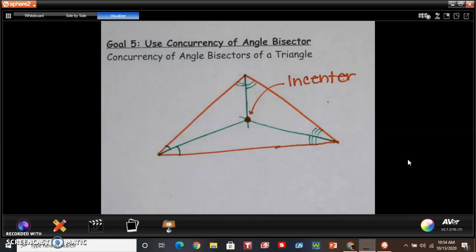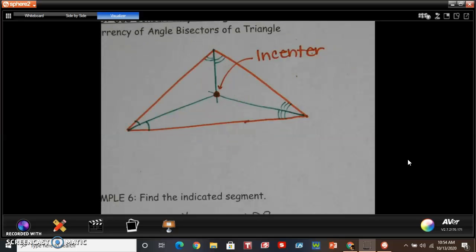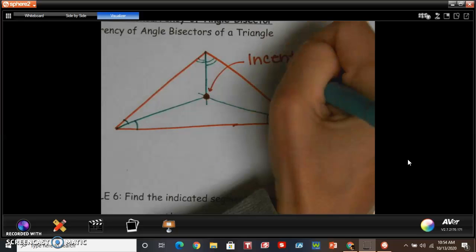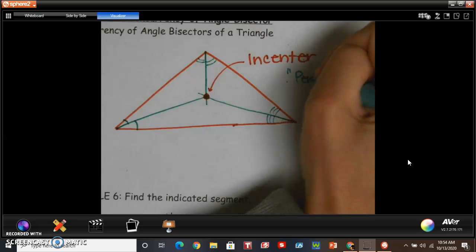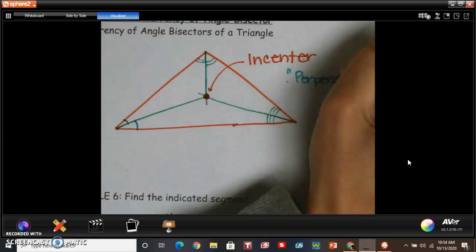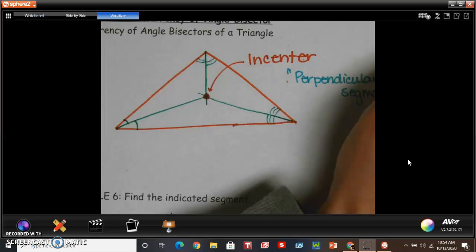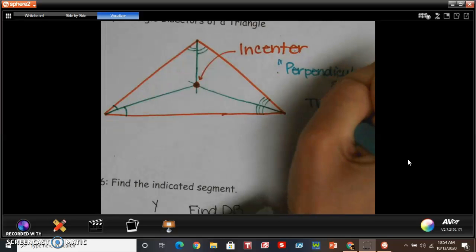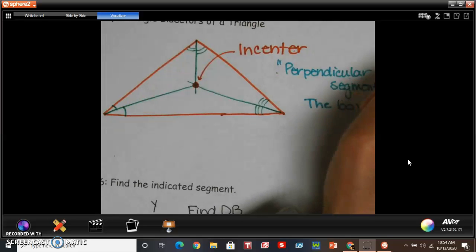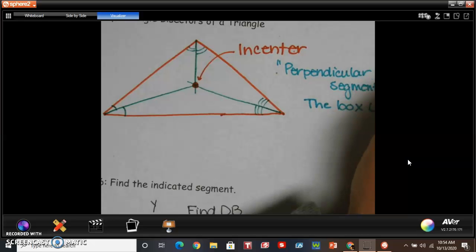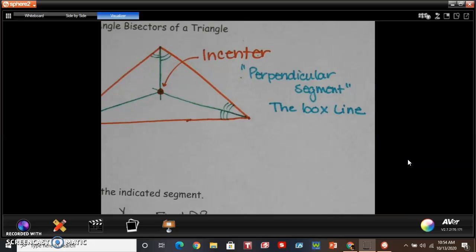And what our theorem tells us is from that incenter, you create the perpendicular segment, or if you prefer to call it, the box line. And what about all these box lines?